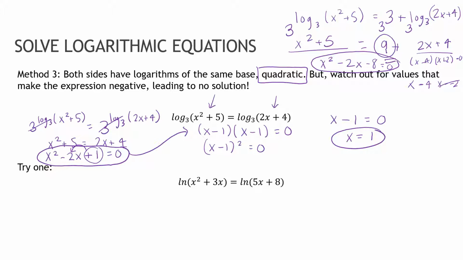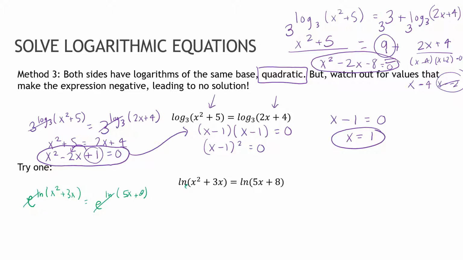Let's go ahead and take a look at the second equation where we'll really go into more depth on what happens when we have that negative. So I'm going to take e to the natural log because, again, natural log has a base of e. x squared plus 3x, and then e to the natural log of 5x plus 8.